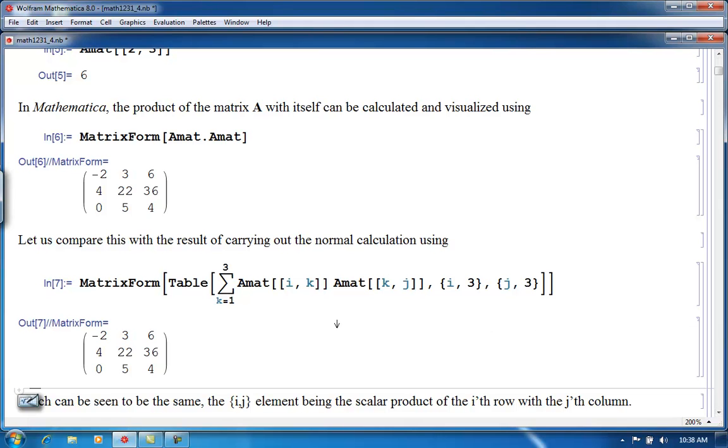So the ij element is the scalar product of the ith row of the matrix, which is the first row, and the jth column, which is this one here.